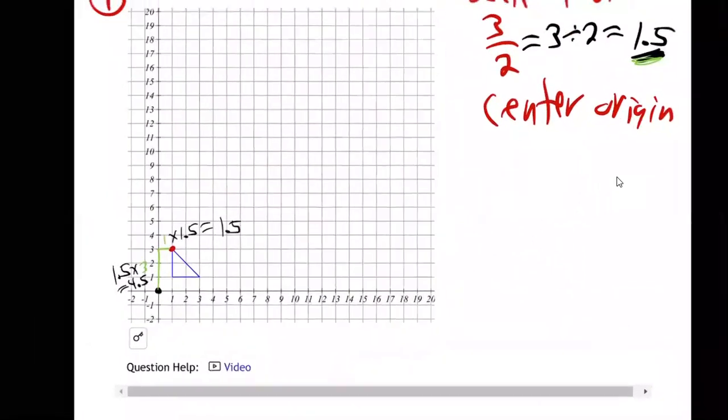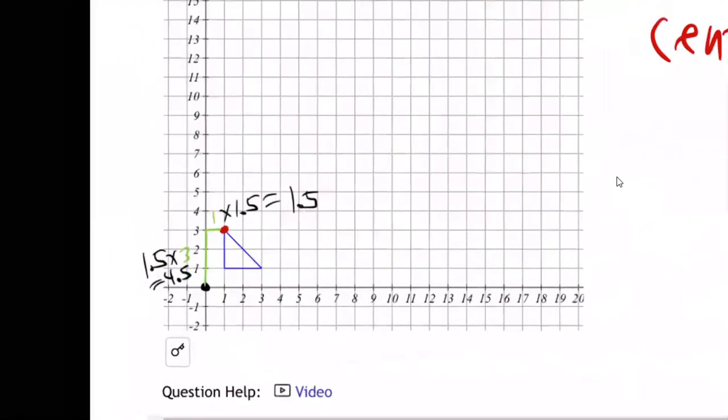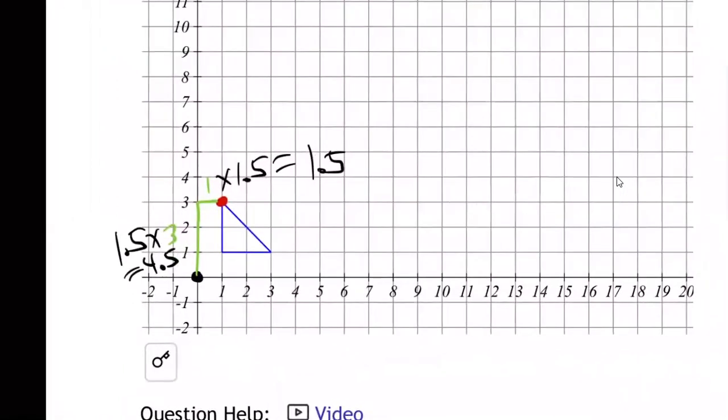So they said scale factor 3/2, which is 3 divided by 2 is 1.5. So I'm multiplying all the arm numbers by 1.5. The original arm here was up 3 over 1, but I multiplied both those by 1.5. And so the new arm is going to go up 4.5 over 1.5, right there. Do you see that?